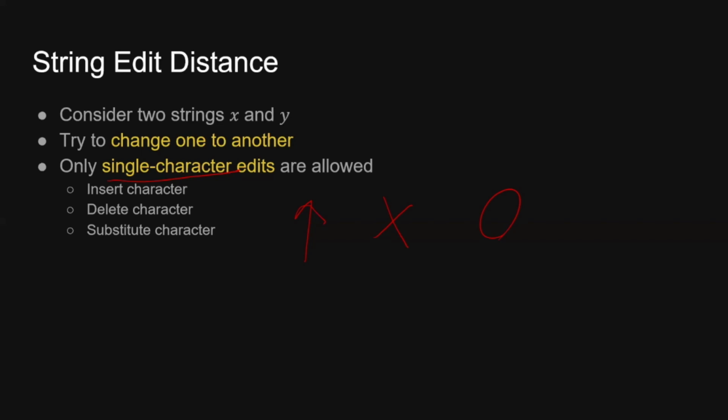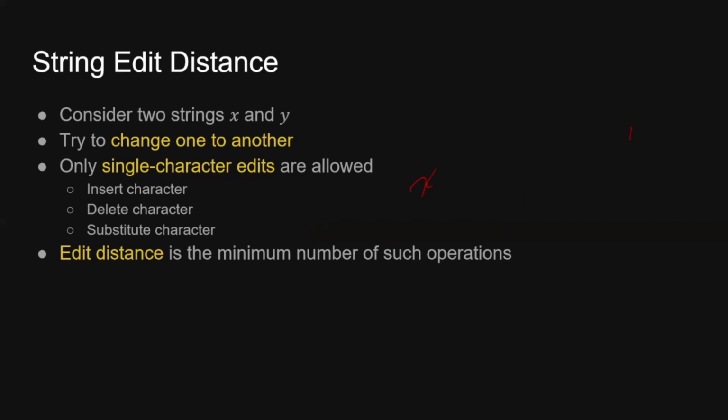Now, of course, there can be many ways of converting one string to another, and we agree to use whatever is the shortest distance as the string edit distance. So let's say I came up with a way to convert a string X to string Y in 4 steps.